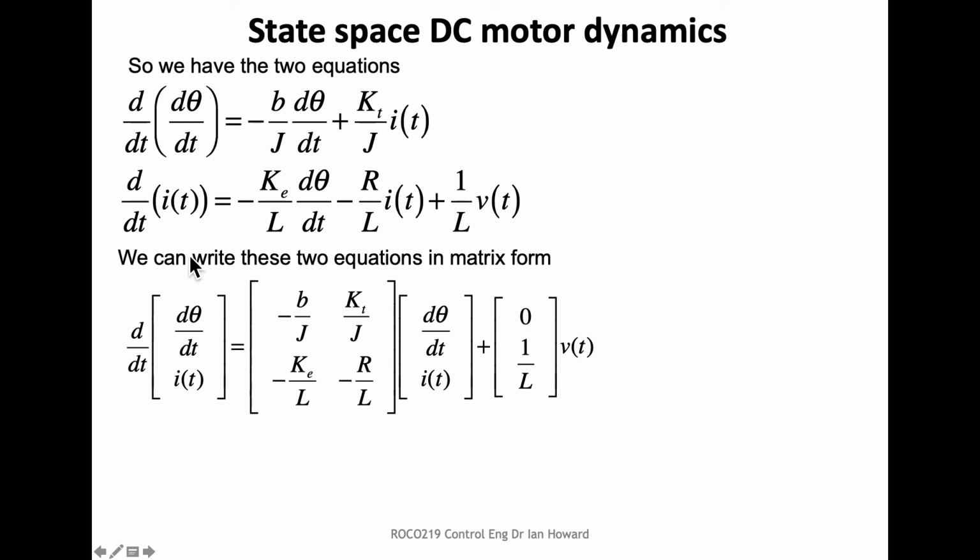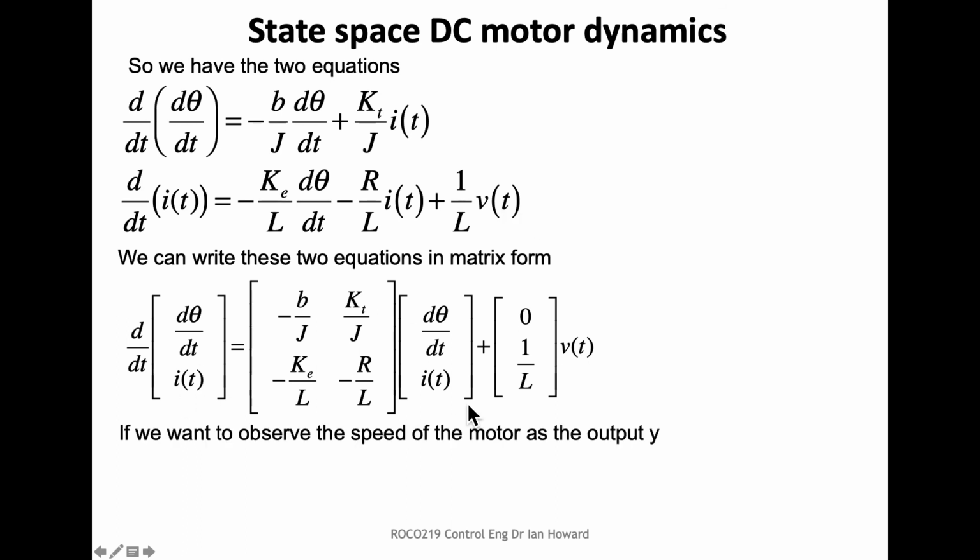And the differential of I of t equals minus ke over L times d theta dt, plus this term, minus R over L times I of t, plus 1 over L V of t.